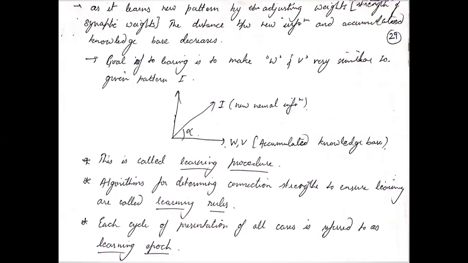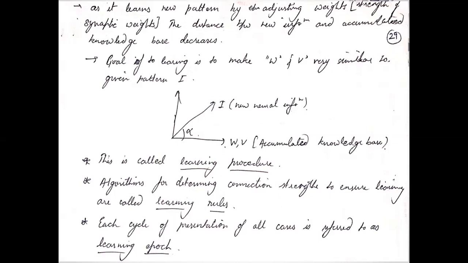Now this particular complete procedure is called the learning procedure. What is the procedure? I'm telling you again. What is the learning procedure? That is, whenever a new input pattern is provided to the neural network, the training is done. How is the training done? The weights are being adjusted. How are they adjusted?